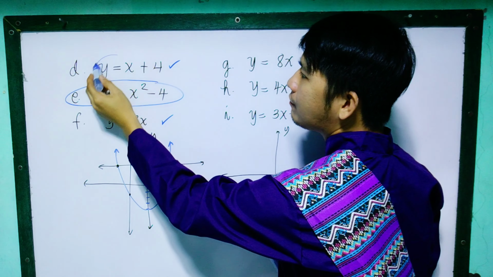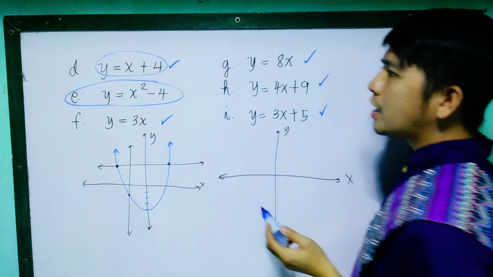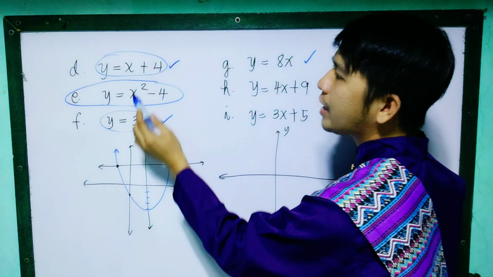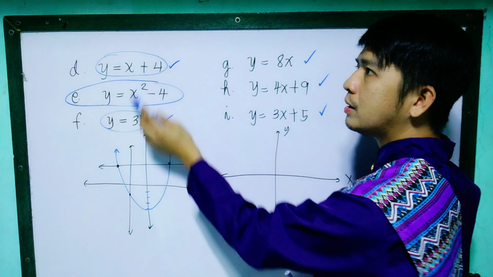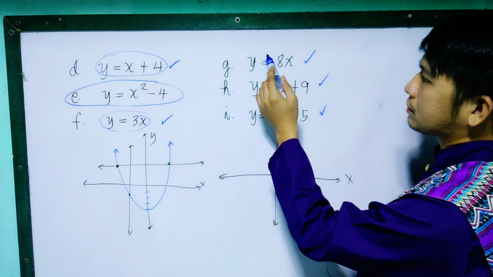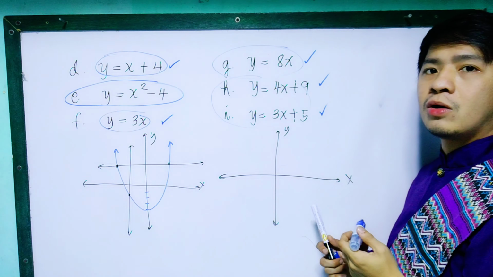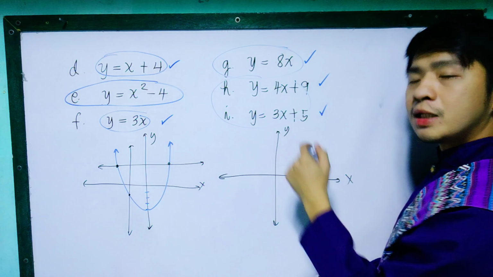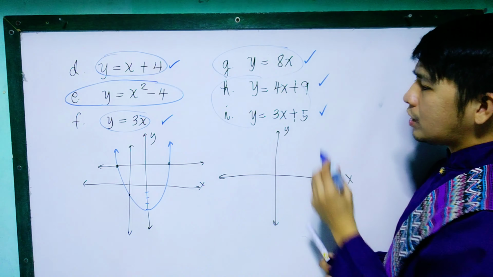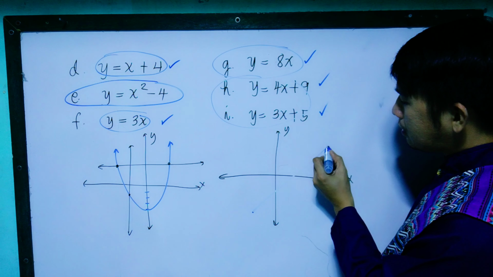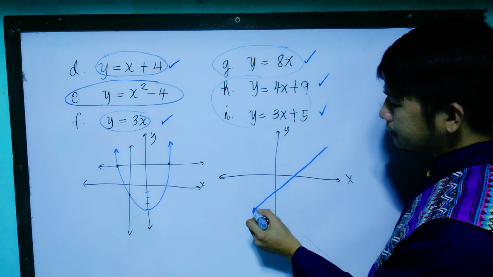Ang kanilang graph, ito ay straight line, inclined to the right, dahil ang kanilang slope ay positive. Lahat pala yan ay inclined to the right, no? Kung nag-negative man yan, inclined to the left yan. So, kung it is inclined to the right, mag-draw tayo ng ganitong line.